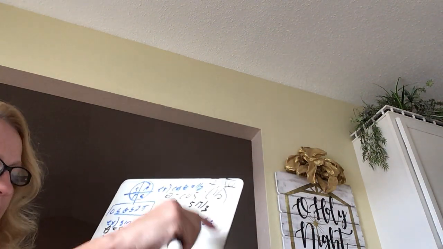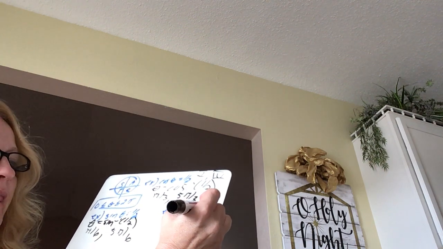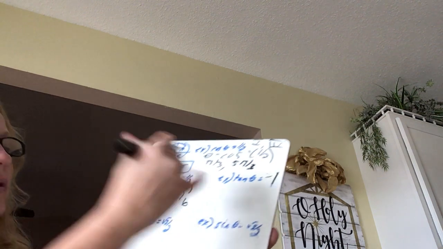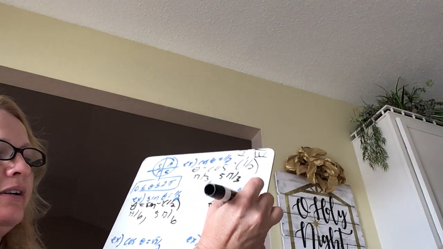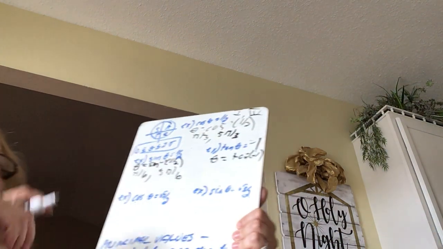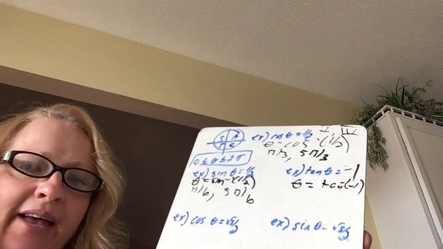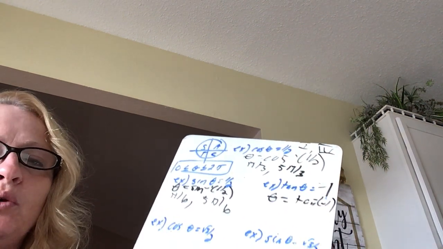Tangent of theta equals -1. Okay, so theta equals tan inverse of -1. Well, first of all, when I'm dealing with inverses, I don't worry about the negative at first. I just think of where tangent is equal to 1.